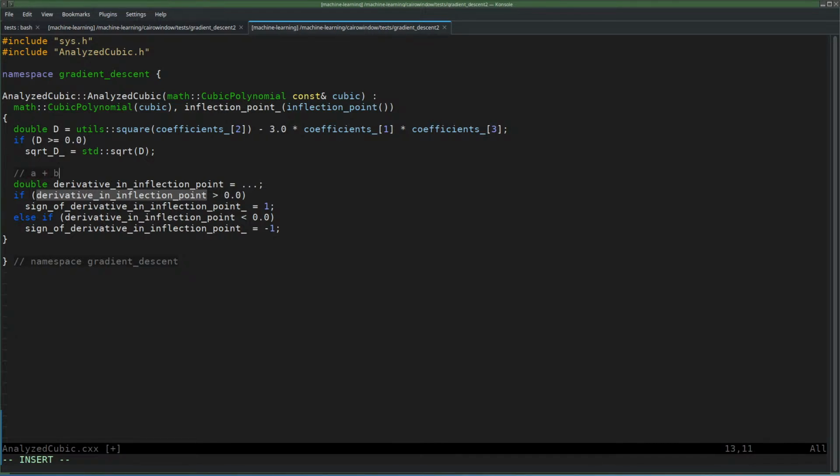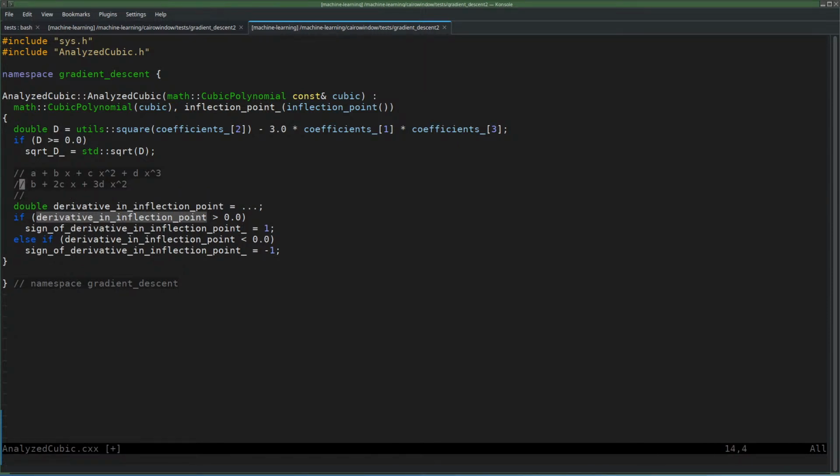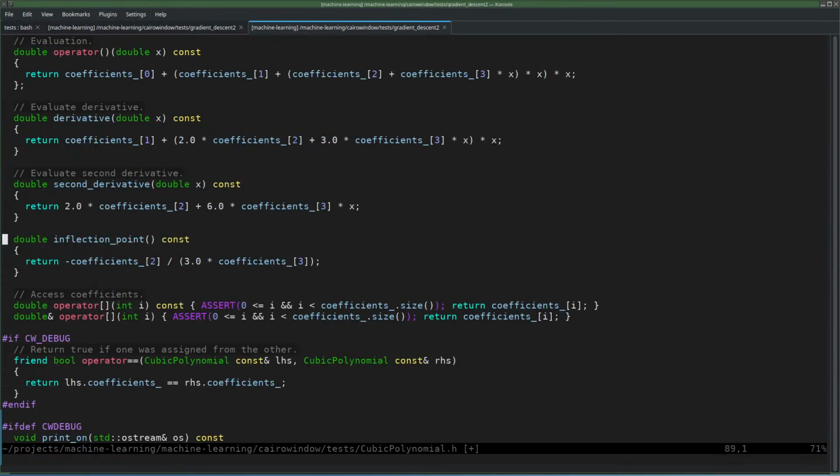We have a plus bx plus cx squared plus dx to the power of 3. The derivative is then b plus 2cx plus 3dx squared. And the inflection point is, as if I would know that, this, whatever that is.